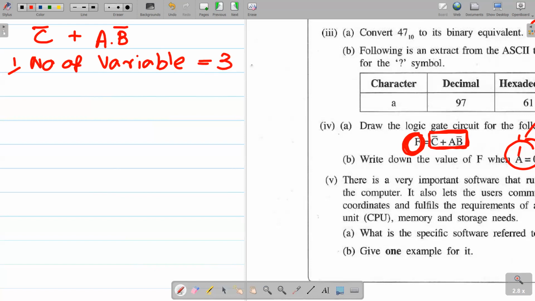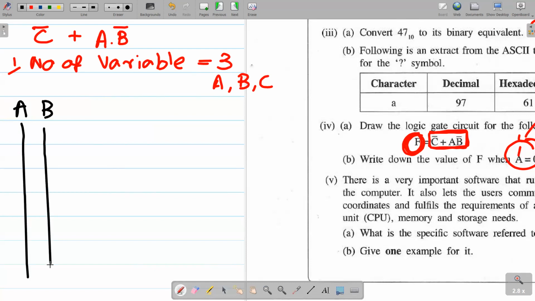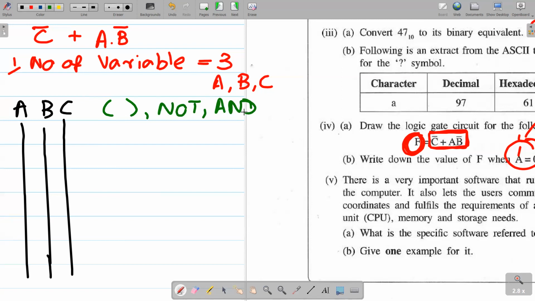There are 3 variables, which are A, B, and C. So you have to create 3 input lines, which can input the signals A, B, and C. Now you have to refer to the expression and consider the operator precedence. The order is first the brackets, then NOT, then AND, and finally OR.